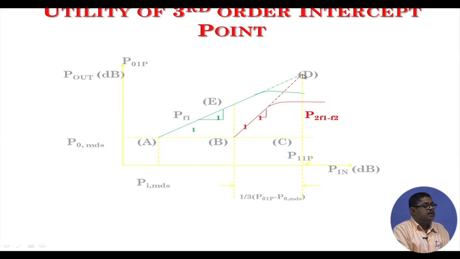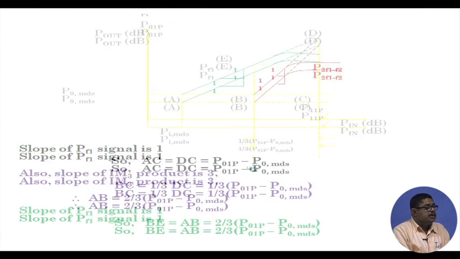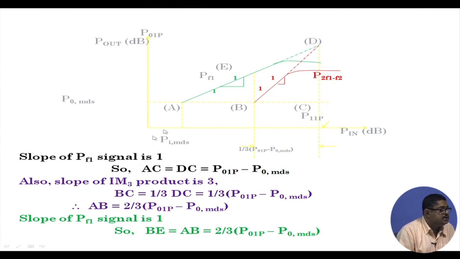So, this is the third order intercept point, and you see this slope is 1, and this slope here is also 1. Now, we will show by mathematics that the slope of this signal is 1. You see, this AC is equal to DC, because if the slope is 1, then DC and AC are equal.